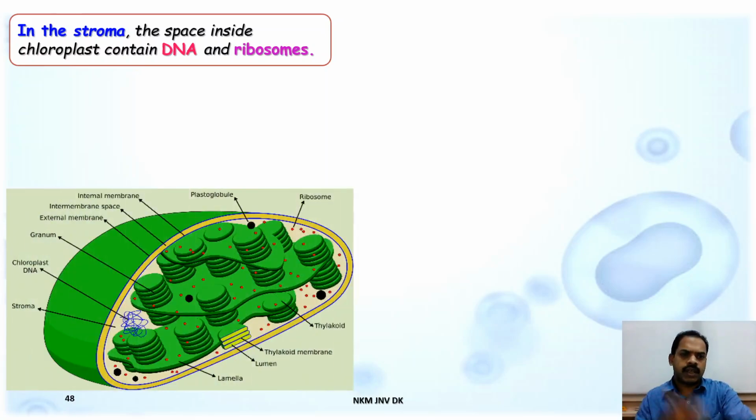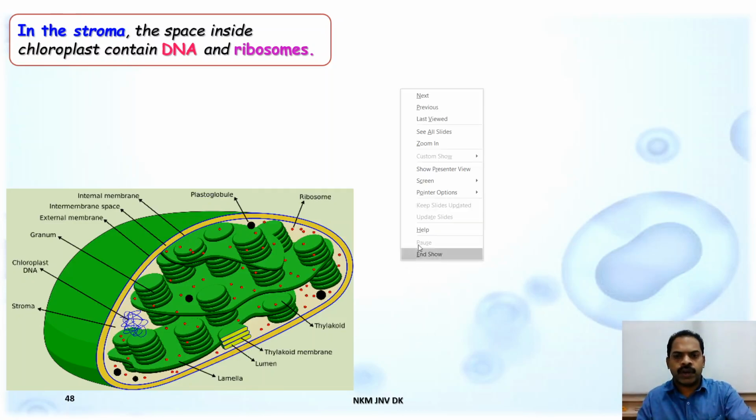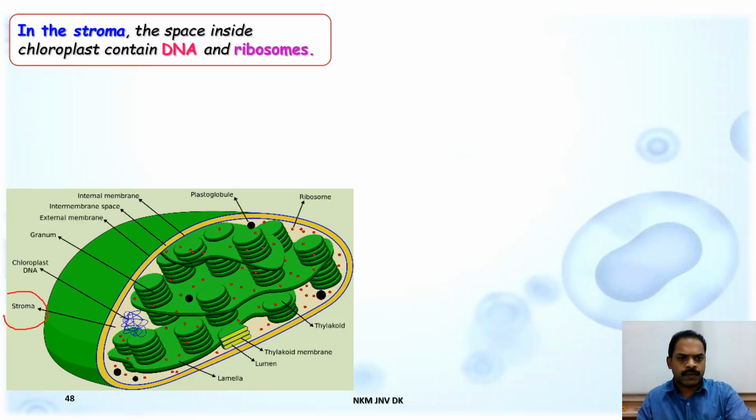If you look inside the chloroplast, inside the double membranous structure, the space inside is called stroma. The stroma contains a matrix. So you can see the stroma over here. Stroma is present inside the membranous structures.